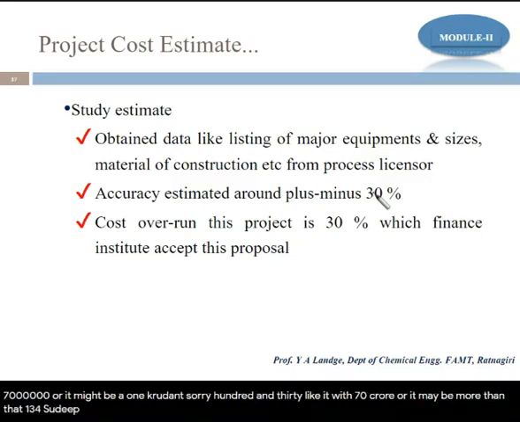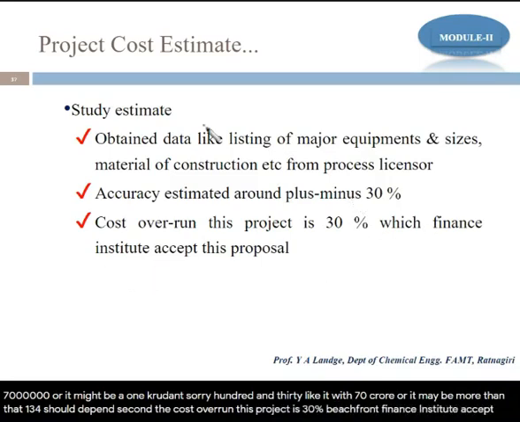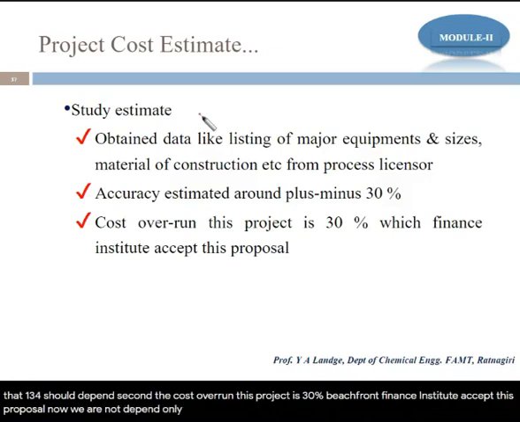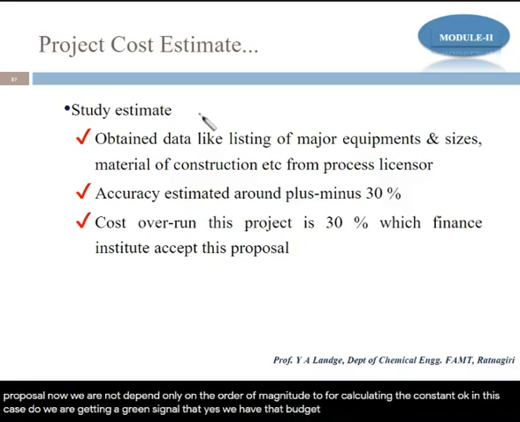So depending on whether the cost overrun of this project is 30%, the financing institute accepts this proposal. Now we do not depend only on the order of magnitude for calculating the cost estimate. In this case, we are getting a green signal that yes, we have that budget, you can go ahead.